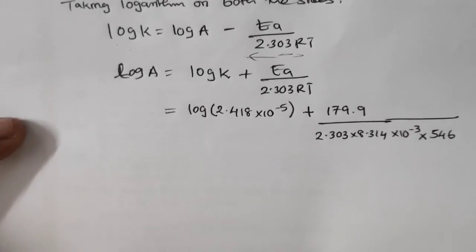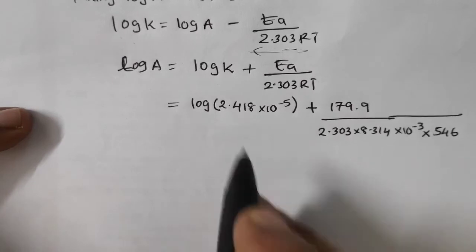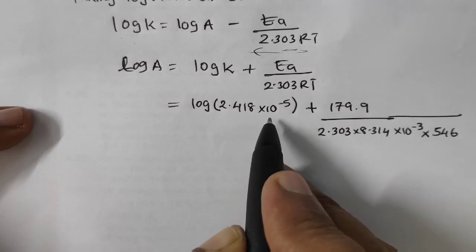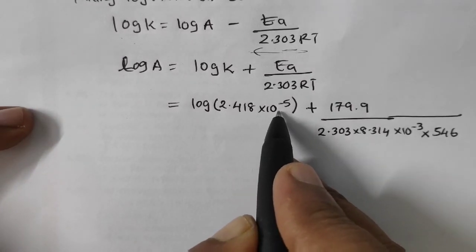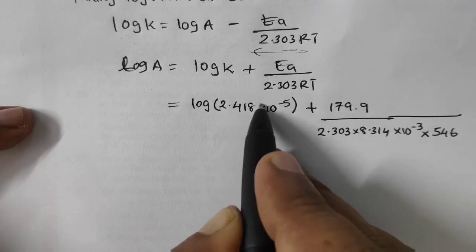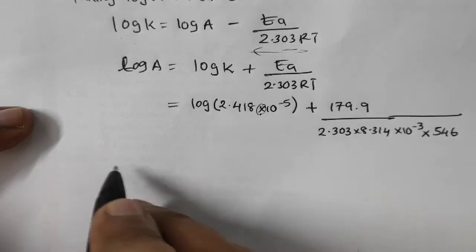For finding the log of this, there is another way also. The multiplication becomes a plus sign, and the minus sign gets suppressed.